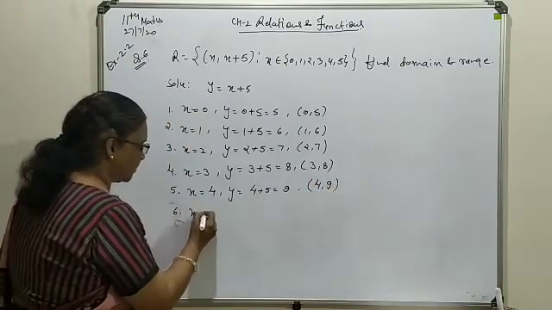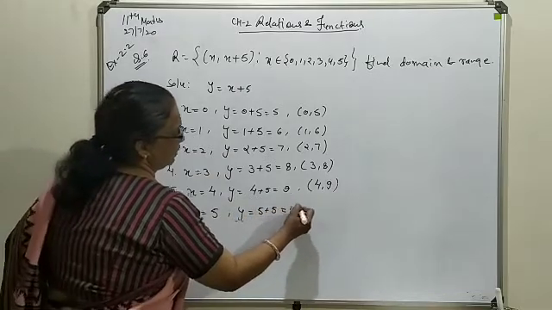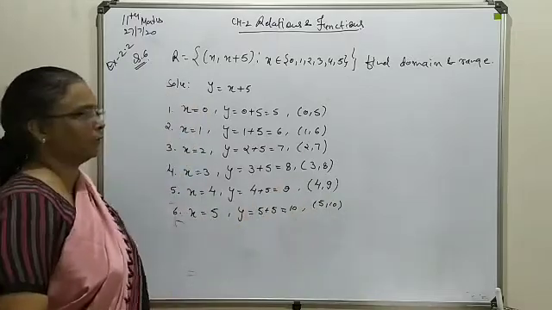Last one at x is equal to 5 means 10. So this way all the ordered pairs we have generated.